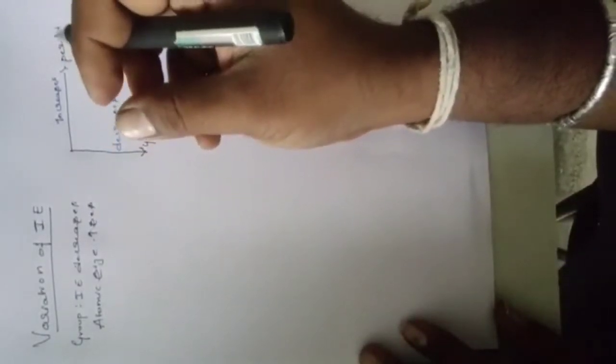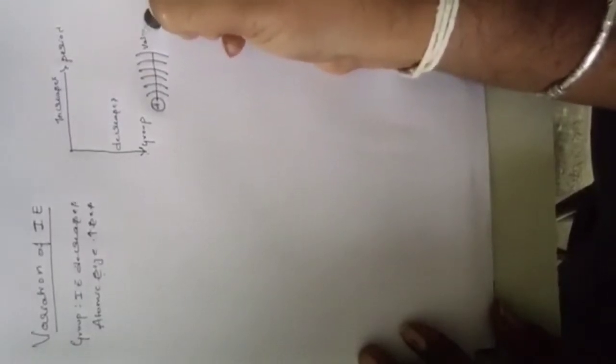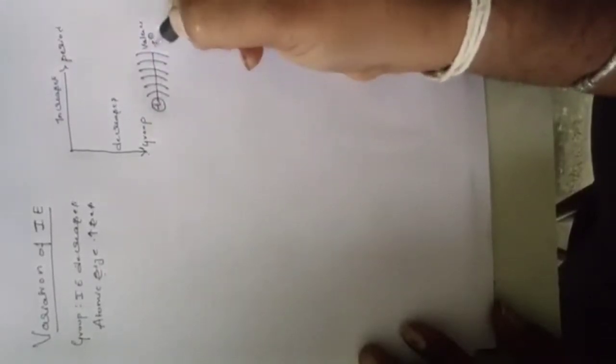Because as we move from top to bottom in the group, the atomic size increases. With the addition of electron shells, the distance between the nucleus and the valence electrons increases. You see, this is the nucleus, and the atomic size increases.